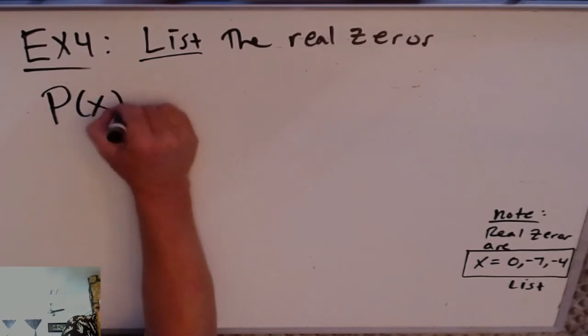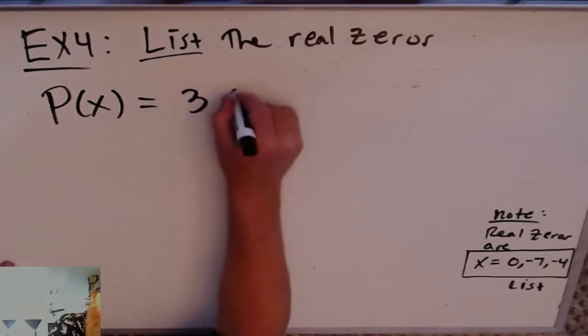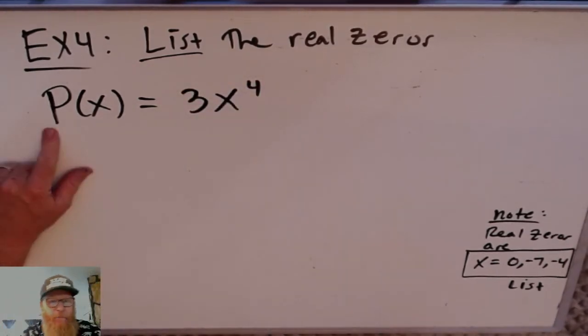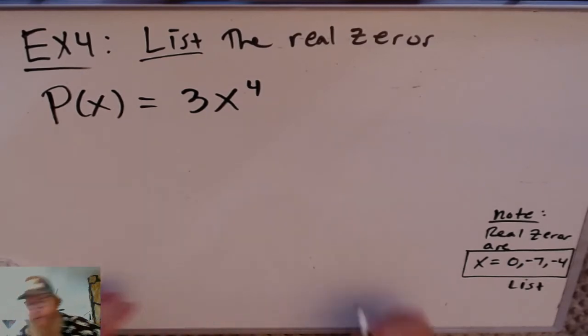A very common name for a polynomial is P of x. Polynomial in x. P of x. Polynomial in x.